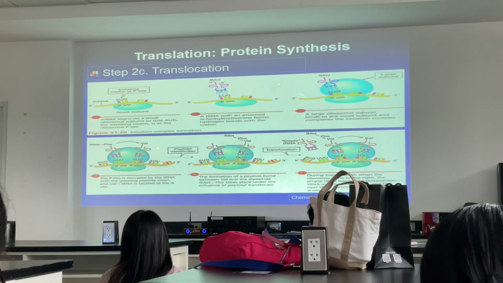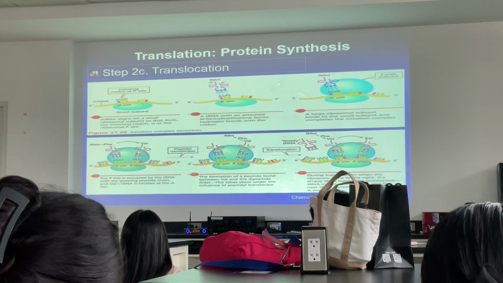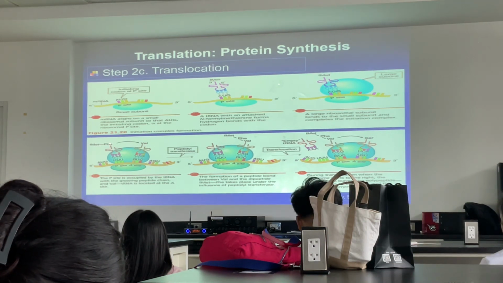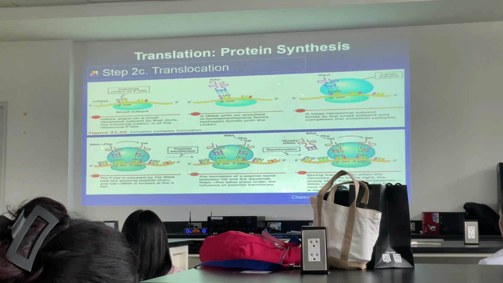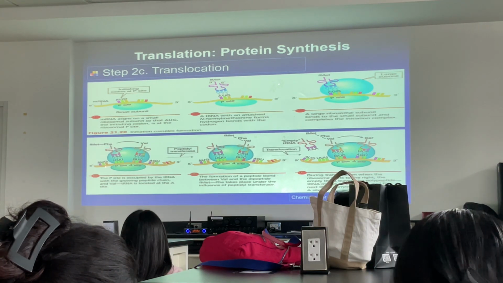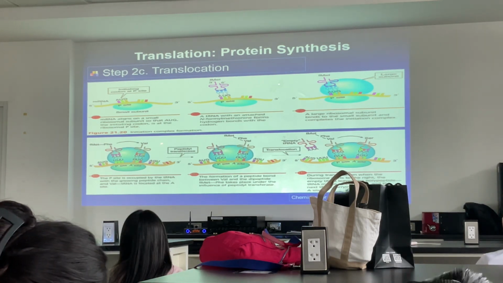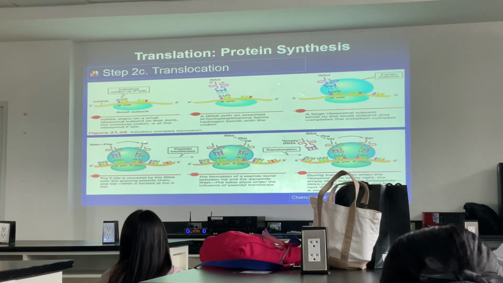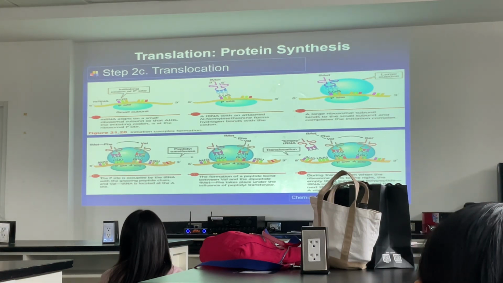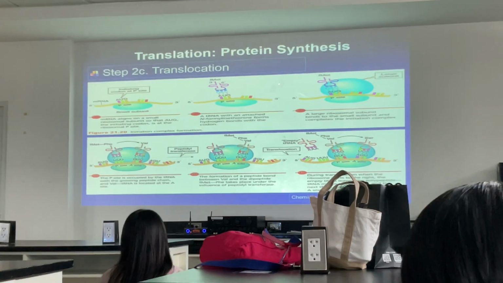Another tRNA will bind to the A site, bringing valine. So the translocation is simply the tRNA which is being empty, detaching from your AUG, and then another tRNA bringing another amino acid at the A site. And then another peptide bond formation will occur.